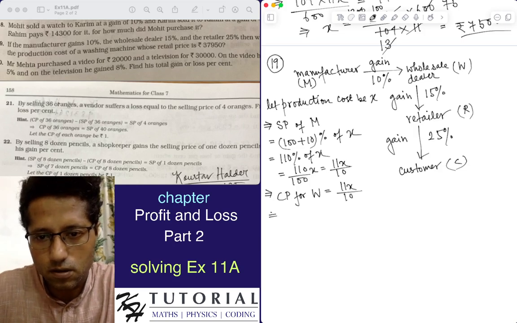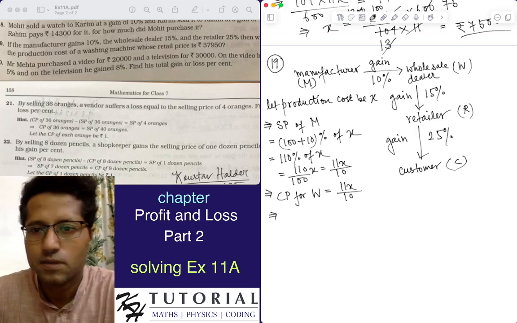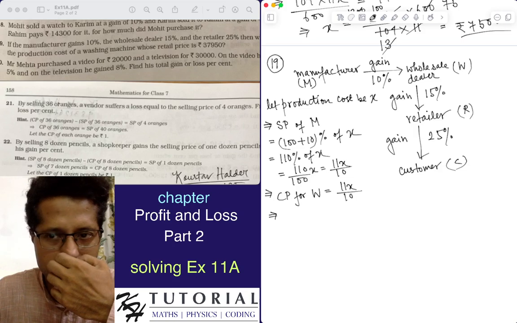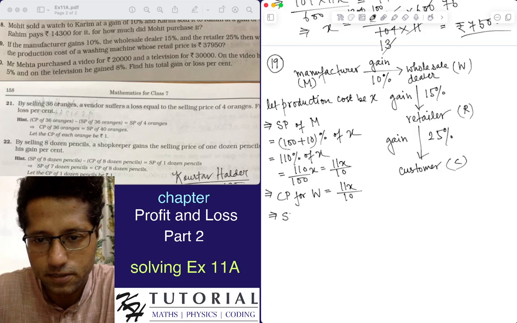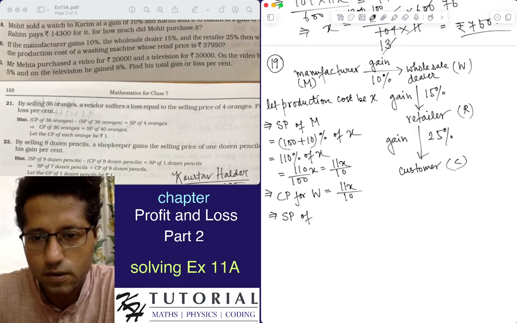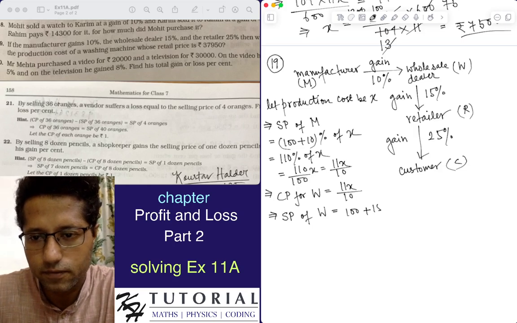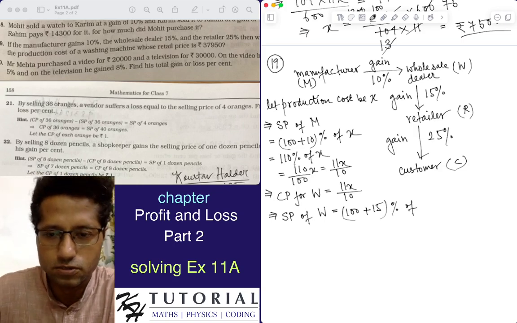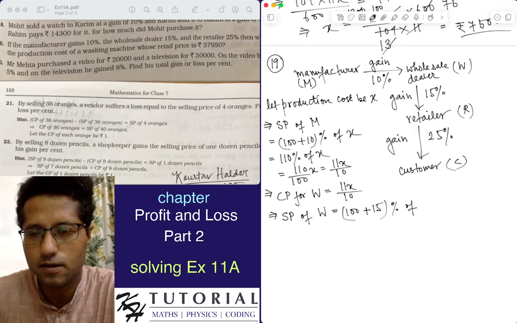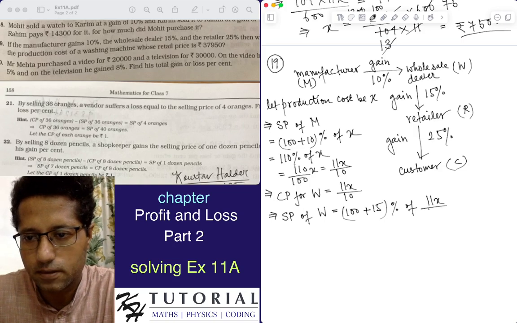Now, since the wholesale dealer is also gaining when he is selling the machine to the retailer, he is gaining 15%. So we can say the sale price of the wholesale dealer is equal to 100 plus 15% of what? 15% of the cost price for the wholesale dealer, meaning the price at which the wholesale dealer purchased the washing machine, which is 11X by 10.